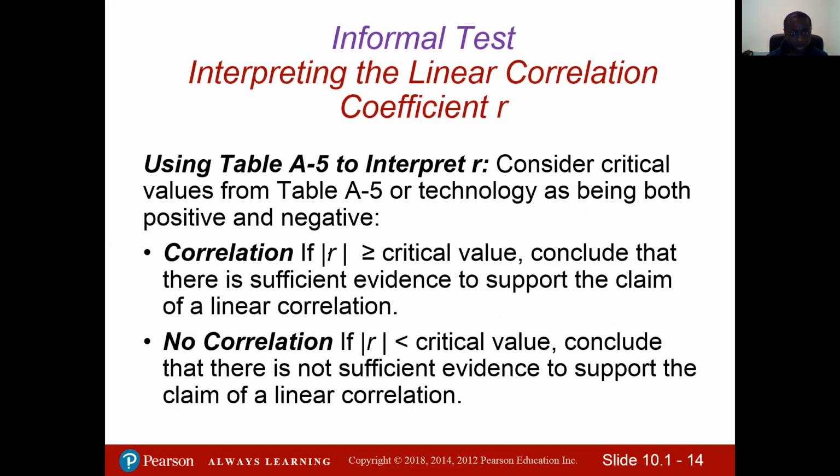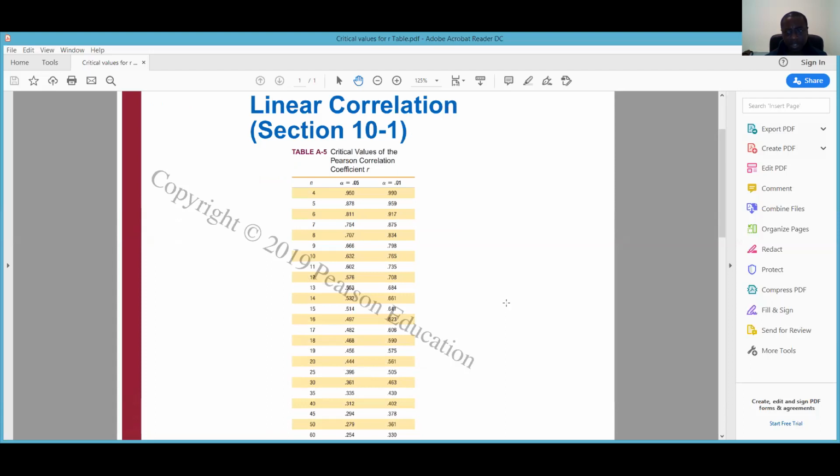All right. Now, in this informal test, this is what we use. We use a table of correlation that gives the critical values, table A5. I'm going to show that table in a minute. But this is the table that I'm talking about. Here's the table that we use in section 2.4. If you know n, for our example, n was 5.